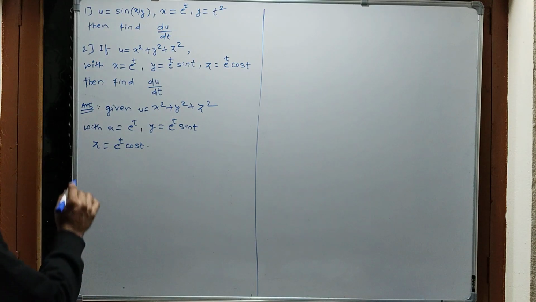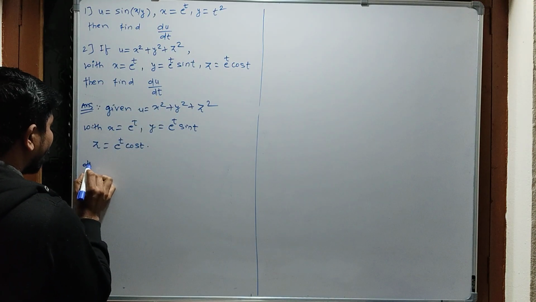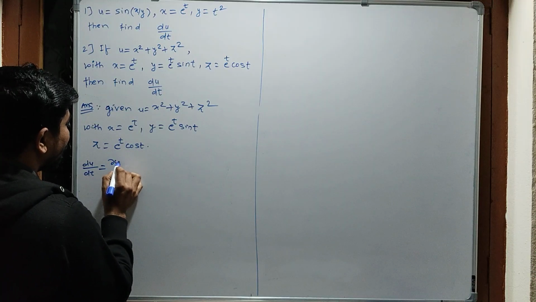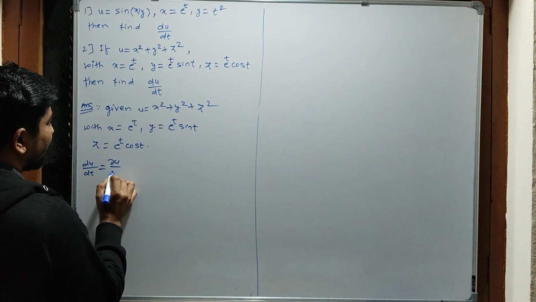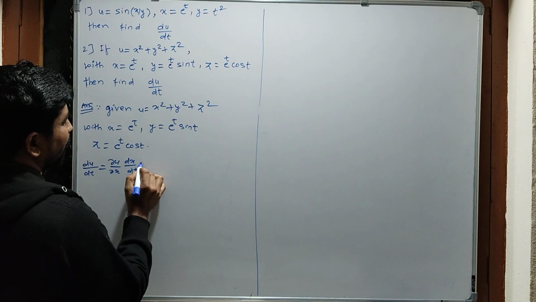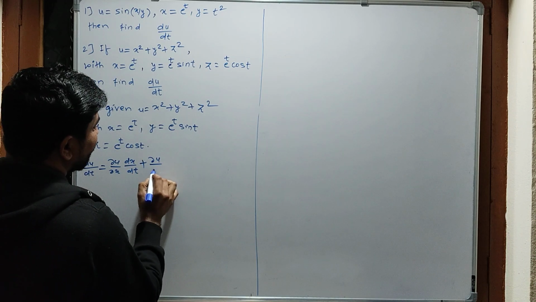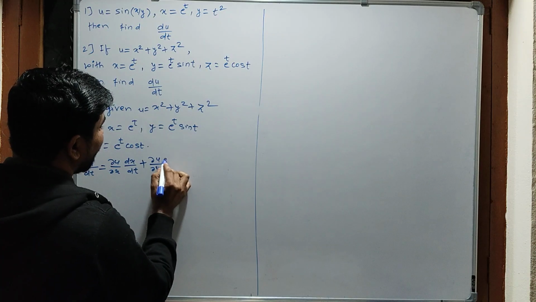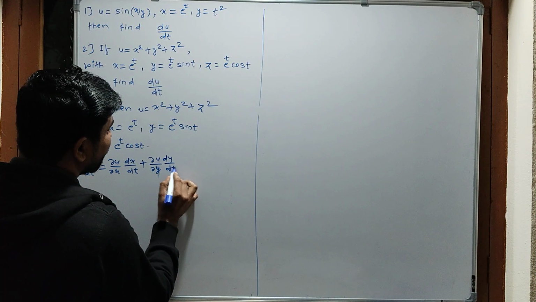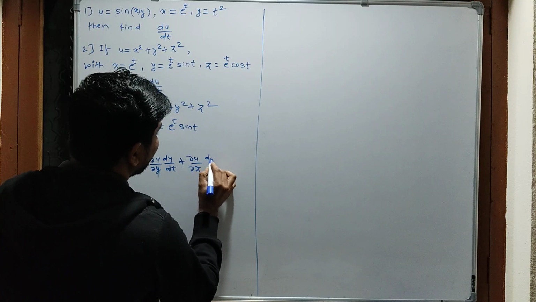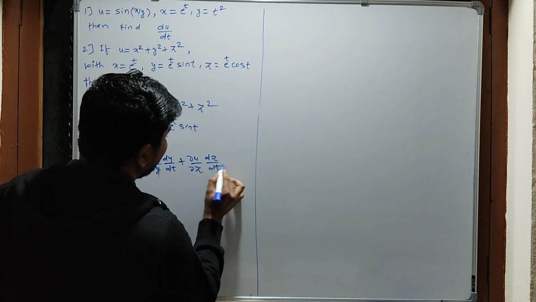Now the total derivative of u with respect to t is dou u by dou x times dx by dt, plus dou u by dou y times dy by dt, plus dou u by dou z times dz by dt.